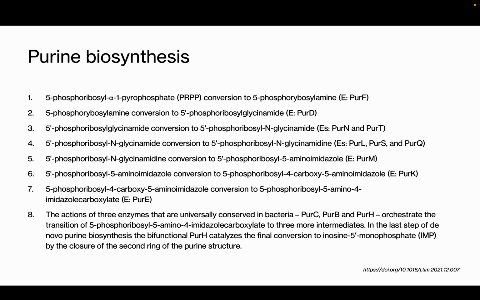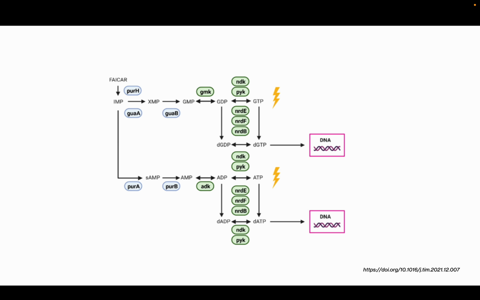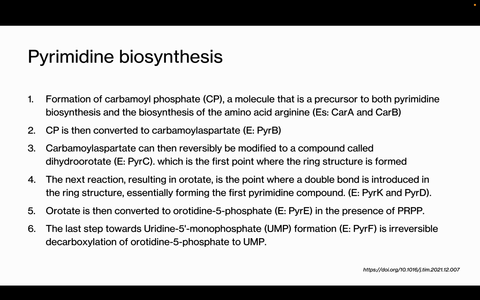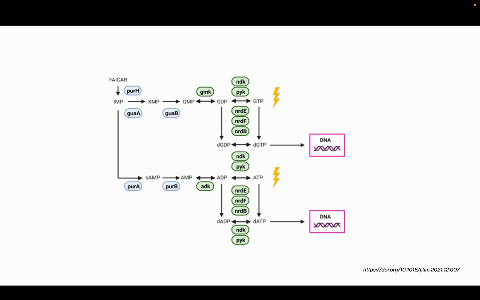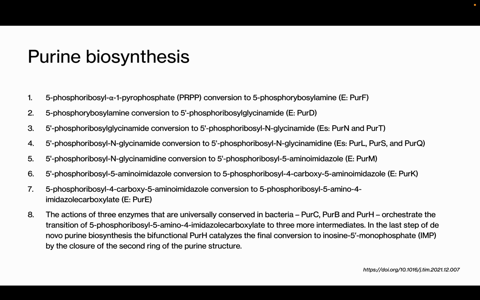There are several enzymes that convert PRPP into multiple intermediates before IMP is actually produced. I'd like you to be familiar with these, but don't worry about memorizing them, or memorizing the names exactly.